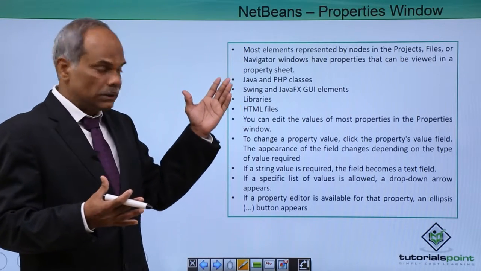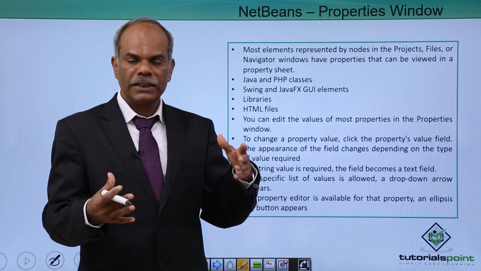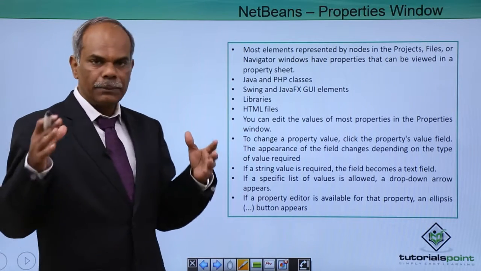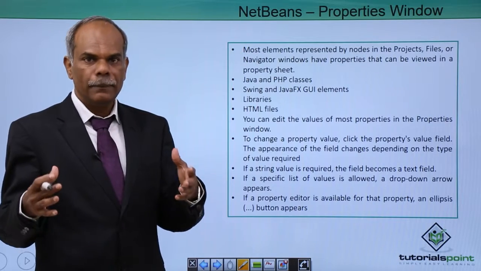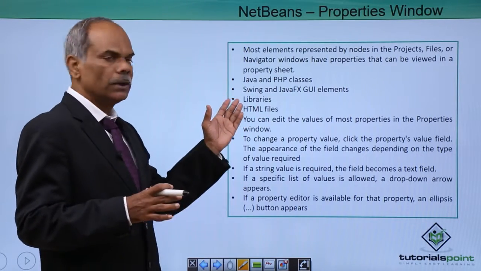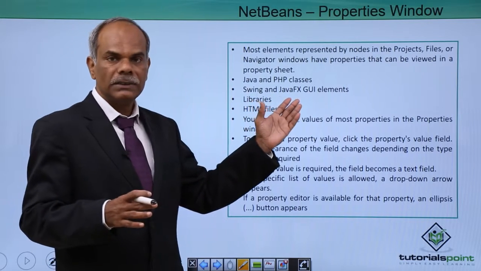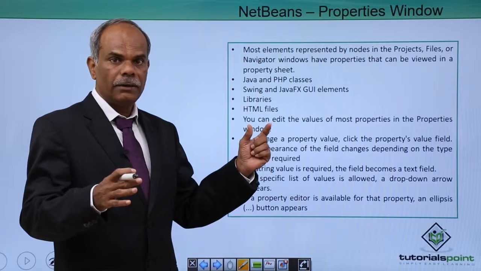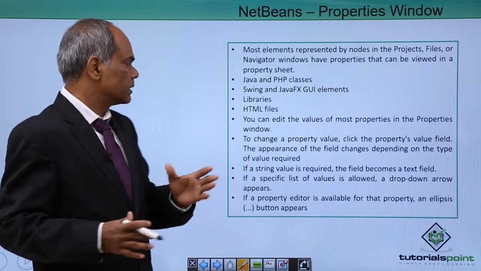If the Java application or Java project has certain GUI forms, then that particular GUI based class will have different GUI elements from the Swing library or the JavaFX library, etc. Those elements will also have certain properties.